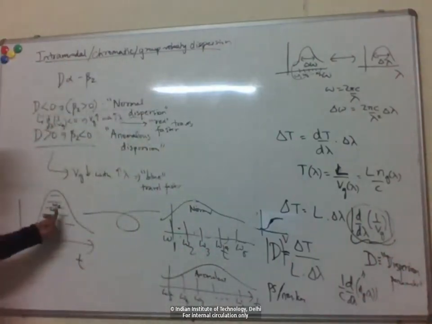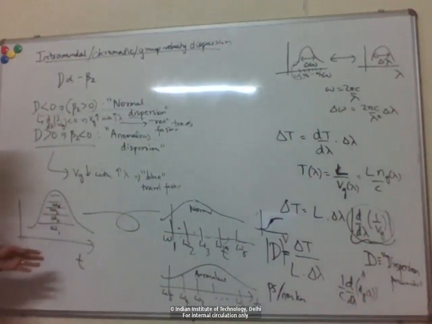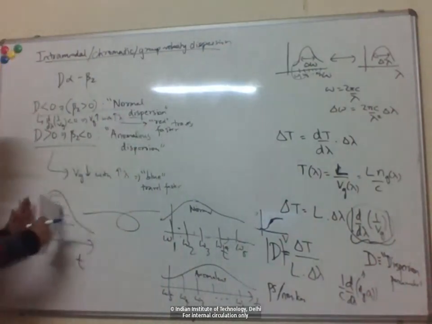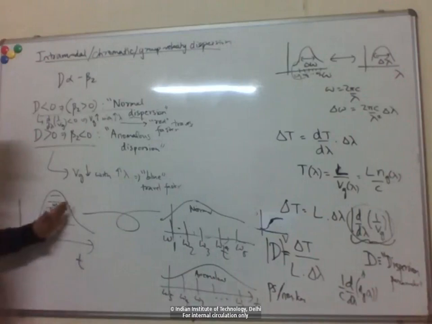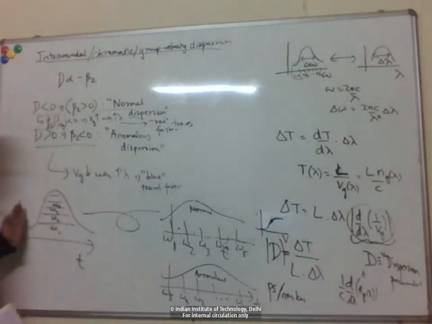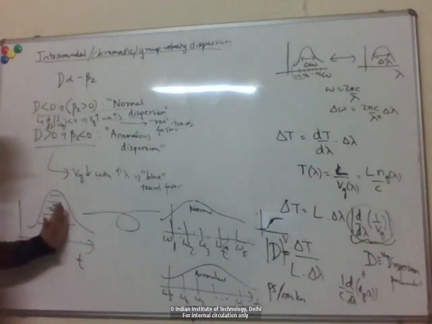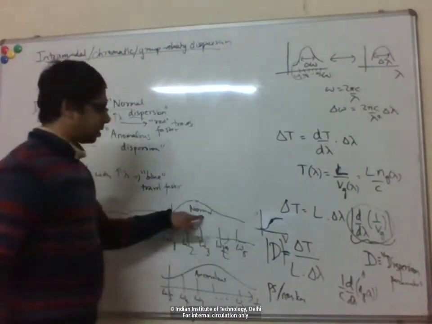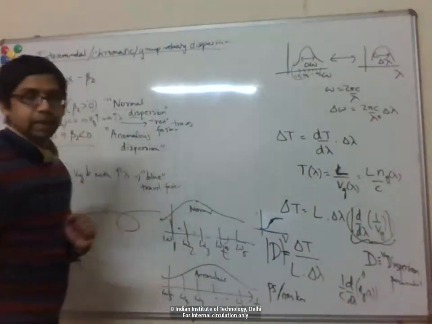Of course, if at the input you had a so-called chirped pulse, where all the frequency components are not present together, you can try to compensate the effect. For example, here lower frequencies are arriving first. So if at the input the lower frequencies were arriving after the higher frequencies, they will catch up through the fiber if you have normal dispersion.